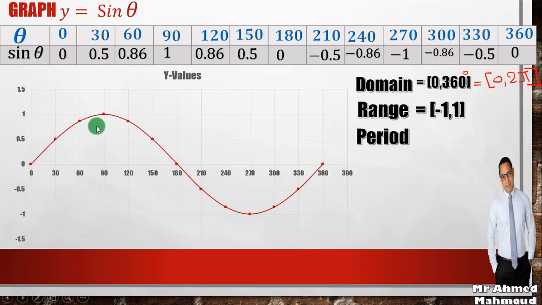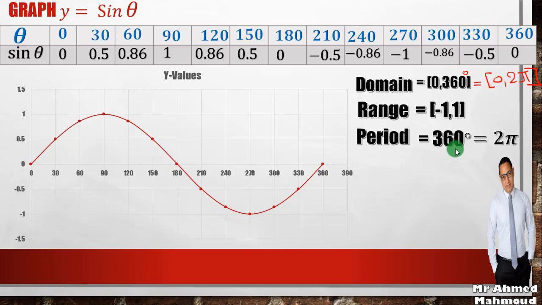So it makes a whole period during 360 degrees. So the function completed a whole period in 360 degrees. So the period here equals 360 degrees or 2 pi.